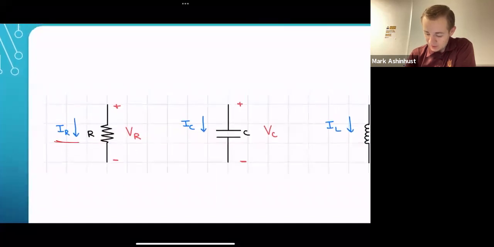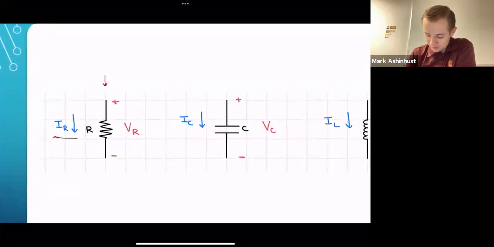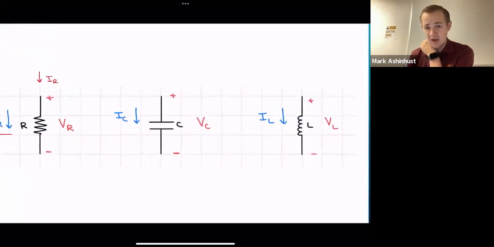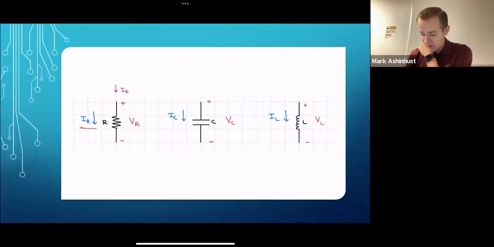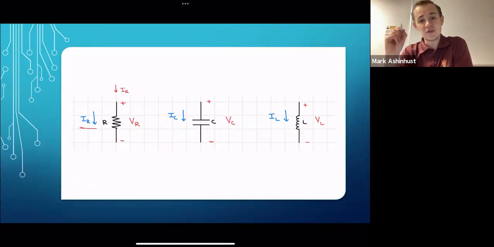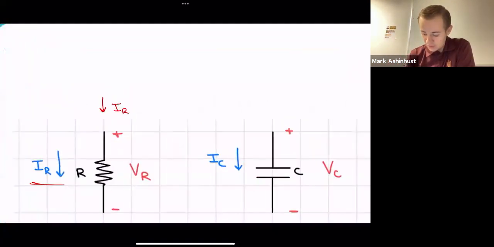So this is passive sign convention, as the current IR is going to flow into the top, the positive, and come out the negative of these voltage polarities. And this will be the same for our capacitor and for the inductor. Now, this could be written upside down or left to right, right to left, or diagonally. You need to really look for which side of the sought voltage the current is going into.